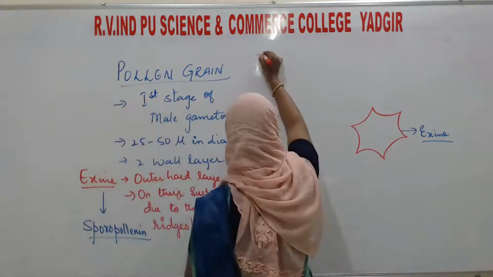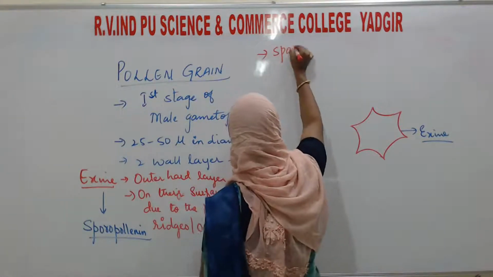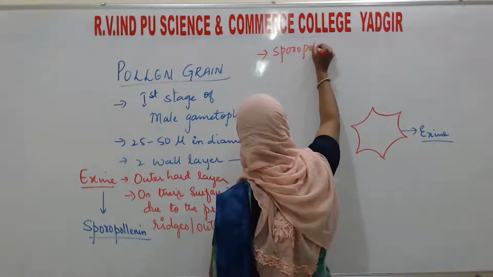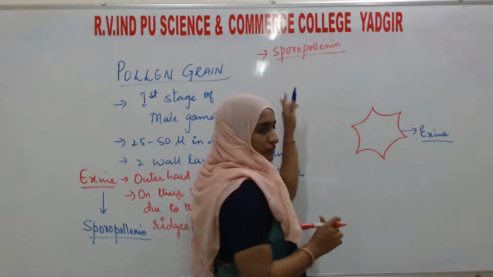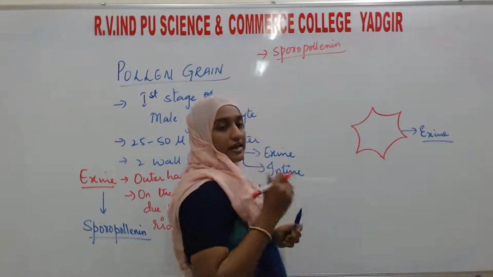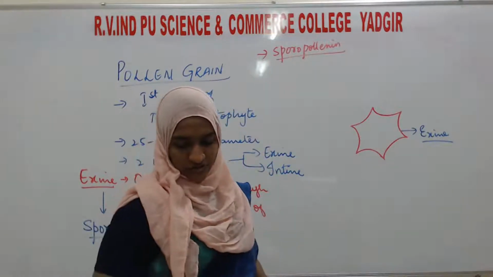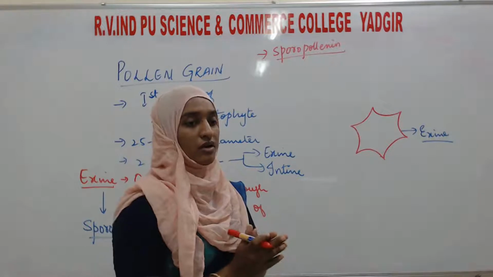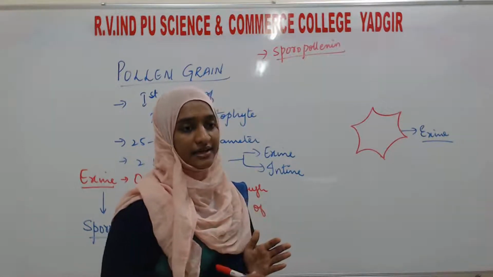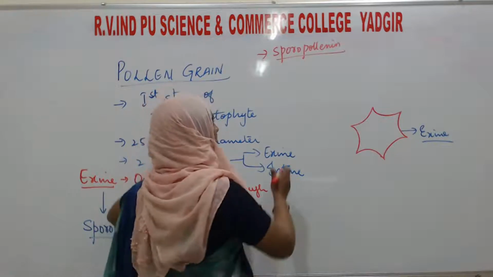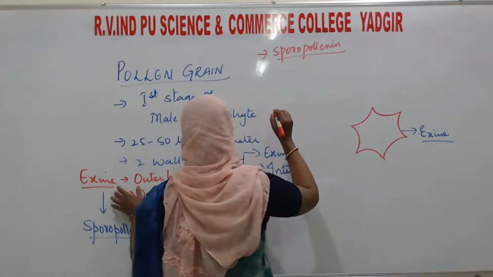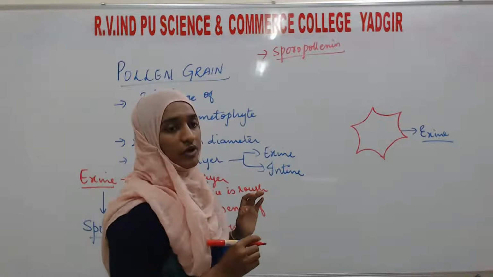Here I will write about the sporopollenin. It is a chemical substance which is present in the exine layer, and this exine layer is highly resistant due to the presence of sporopollenin.